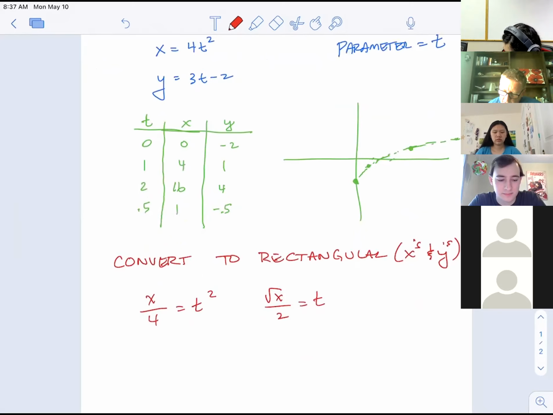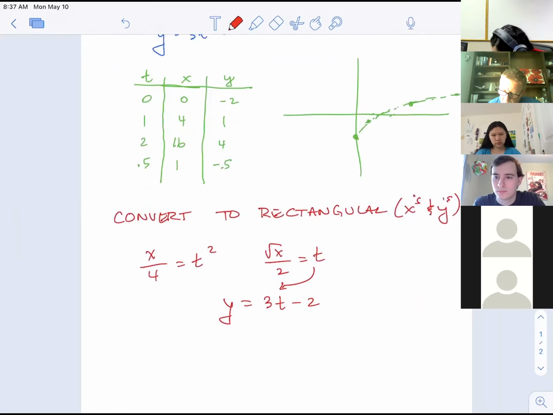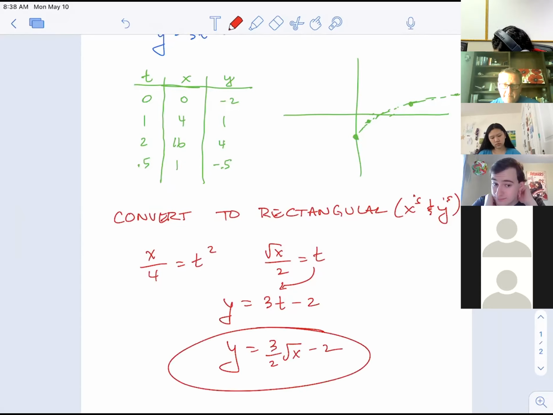So then if I plug that into the y equals 3t minus 2 equation, plug that in for t, then don't I get 3 over 2 times the square root of x, minus 2? Same graph.